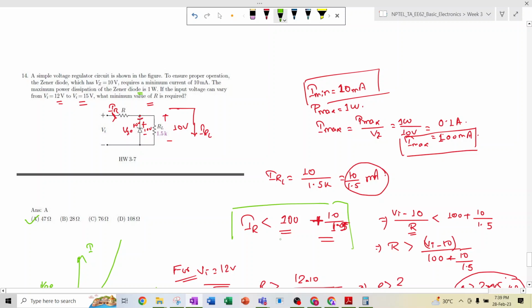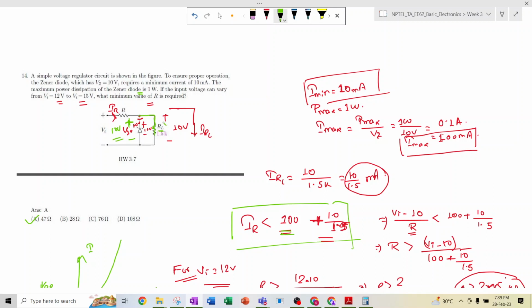So here I have written this equation: the current flowing through the resistor R should be less than or equal to 100. Why? Because this is fixed, right? This 10 volt should always appear when this Zener diode is acting as a regulator. This 10 volt will always appear across the load, so there is no voltage fluctuation across this load resistance.